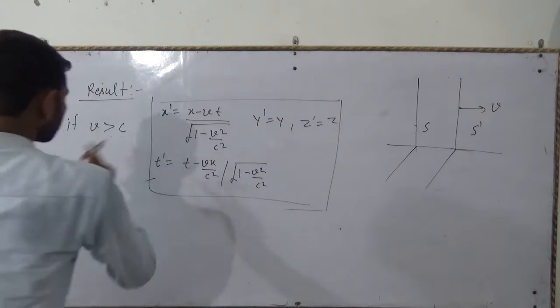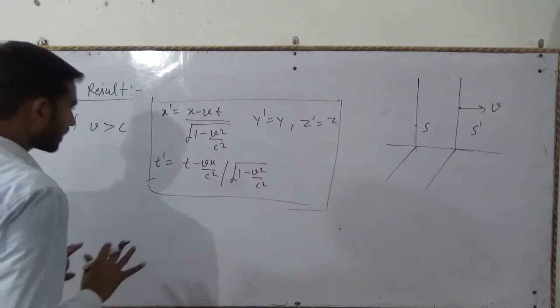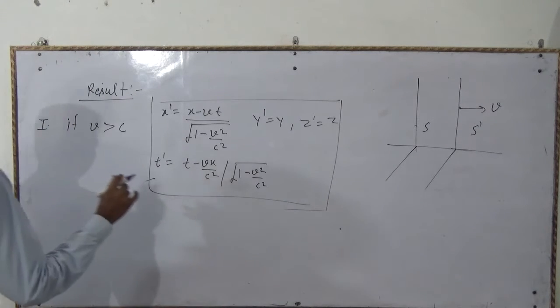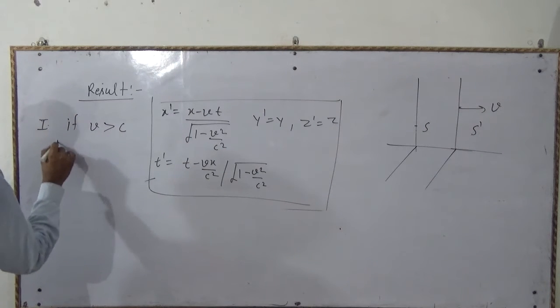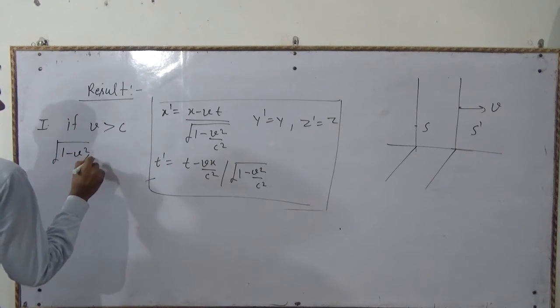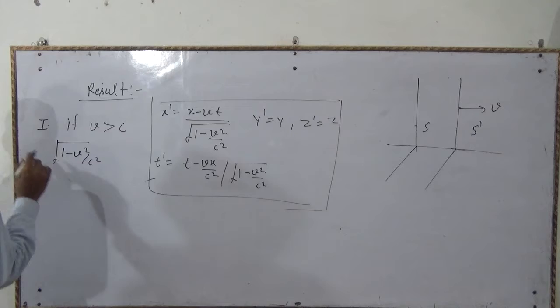Under this condition, friends, attention please, this constant term is under root 1 minus v square by c square.